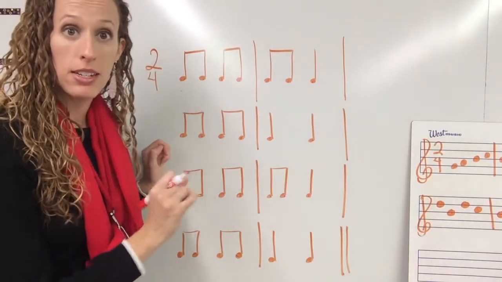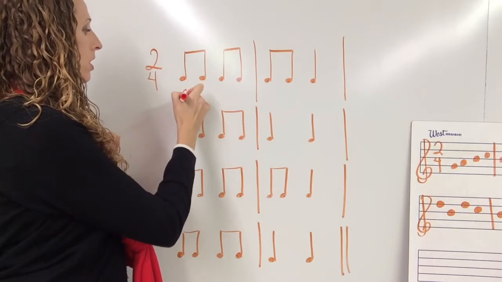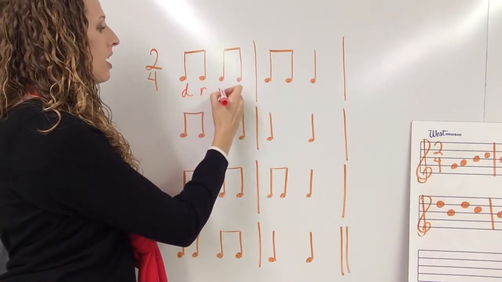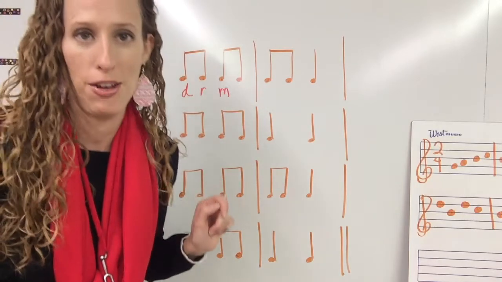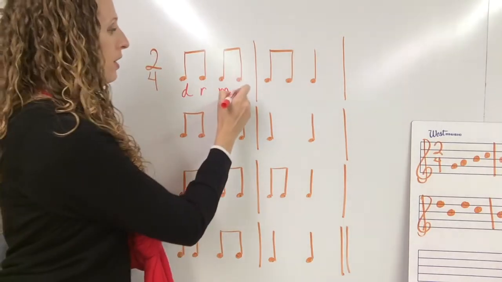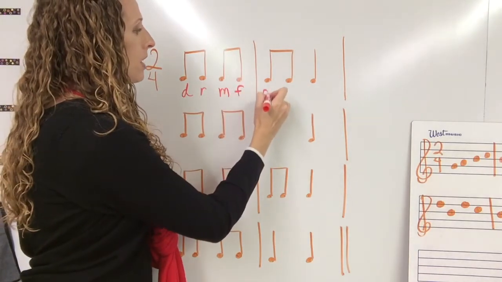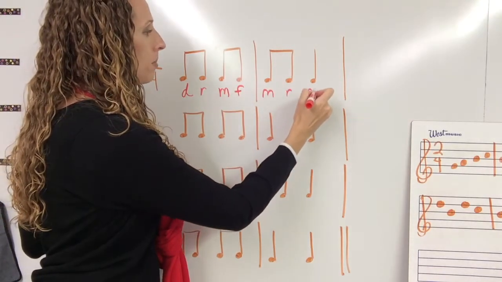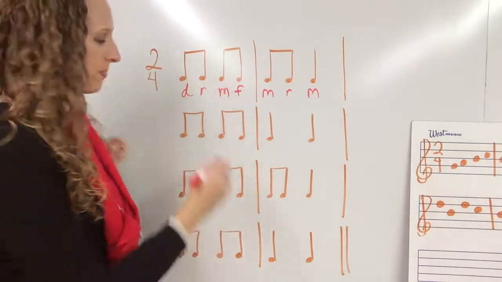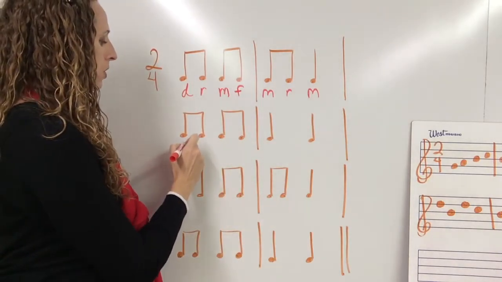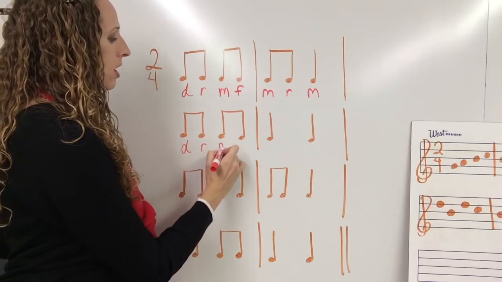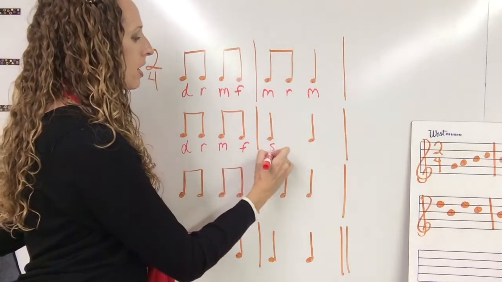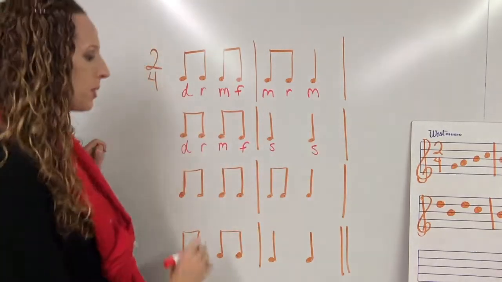Underneath, we can write the solfege syllables. Do, re, mi. Fa is just a lowercase f. Fa, mi, re, mi. Just like that. Second phrase is the one we've worked on mostly. Do, re, mi, fa, so, so.